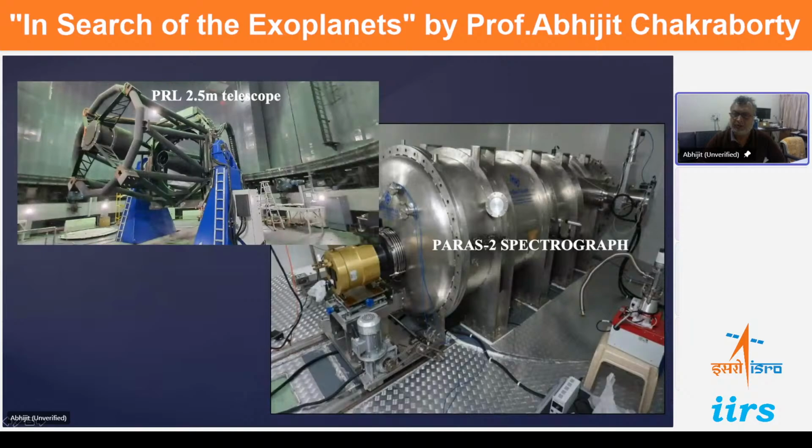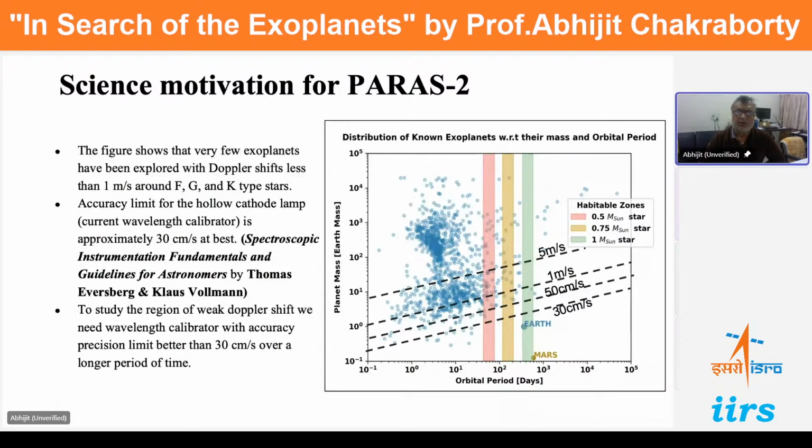These blue fibers that you are seeing carry the starlight and the calibration light. Again, the science motivation is the same: how to reach this region and detect as many planets as possible that are very similar to Earth, or at least mini Neptunes, or 10 Earth mass or 5 Earth mass kinds of planets.